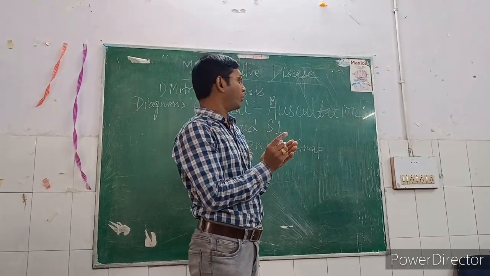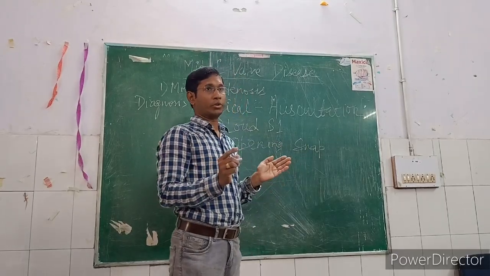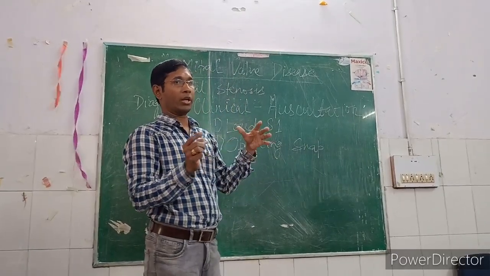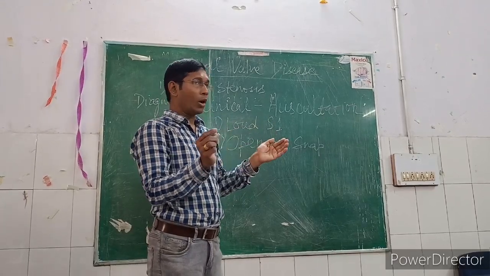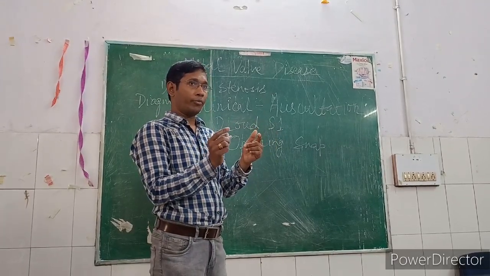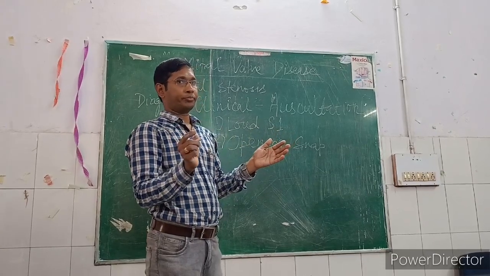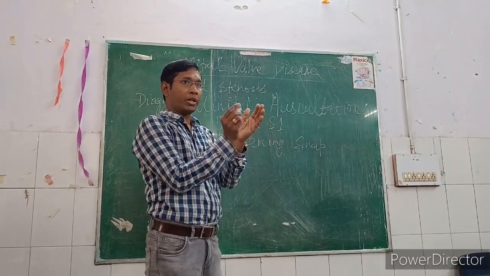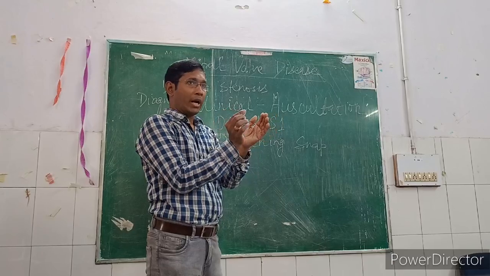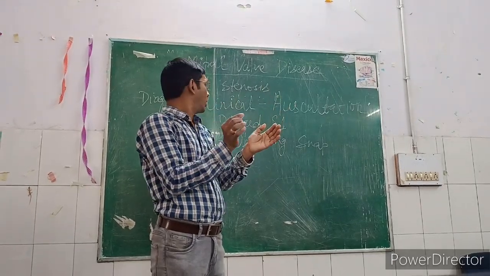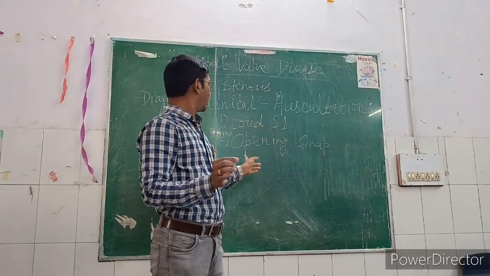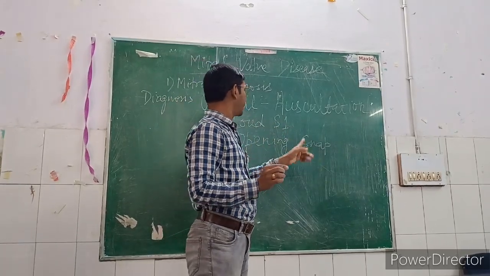But in mitral stenosis, where the left atrium is already enlarged because of the accumulation of blood, there is a sound at the time of opening also, because the left atrium is already dilated, and opening it further means stretching it further, which creates a sound called the opening snap.